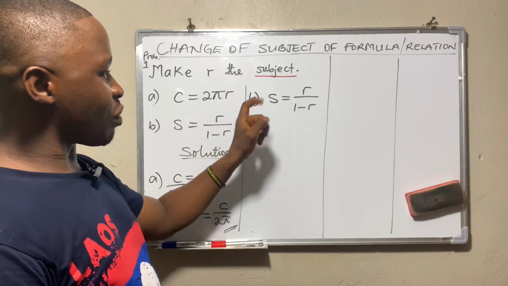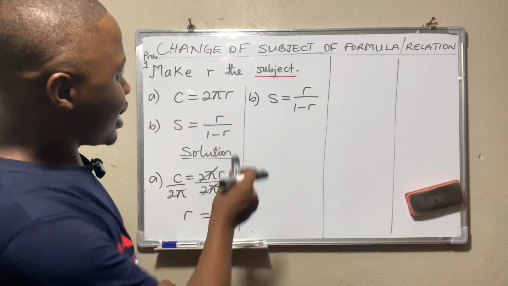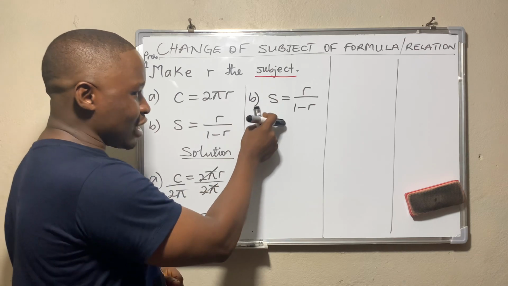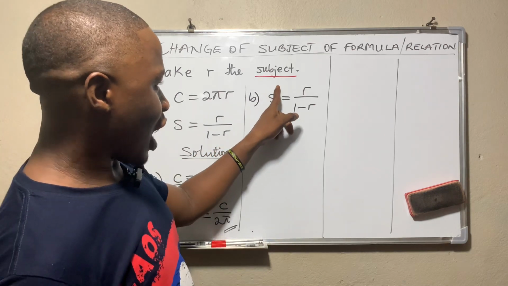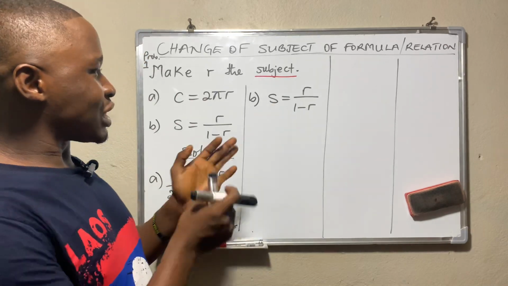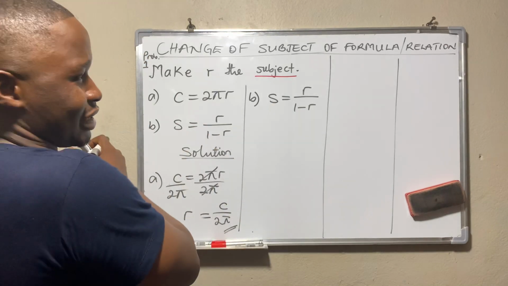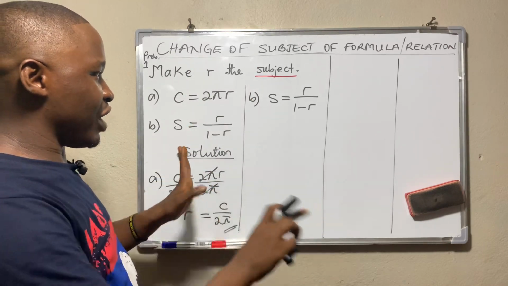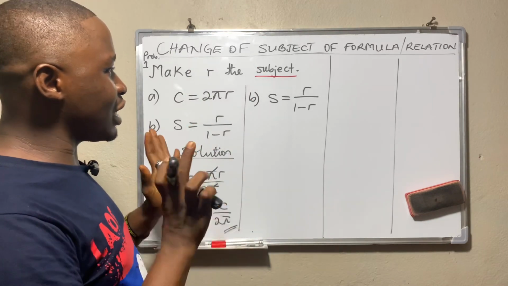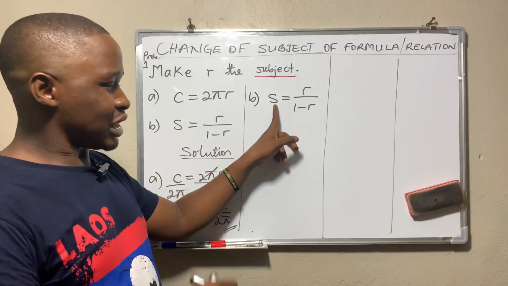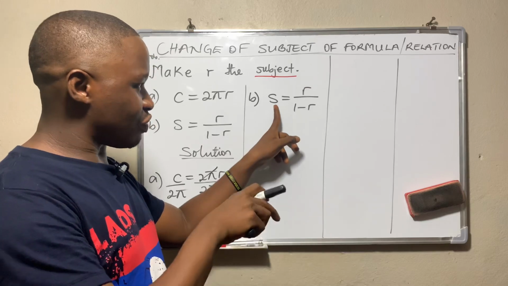The subject of this formula is s, because one, s is without a coefficient other than 1, without a power other than 1. Then the second point is s is only standing alone on its side. S is on the left hand side, no other value, no other variable, no other constant, nothing else other than s on the left hand side. So we can say what? S is currently the subject of this formula.